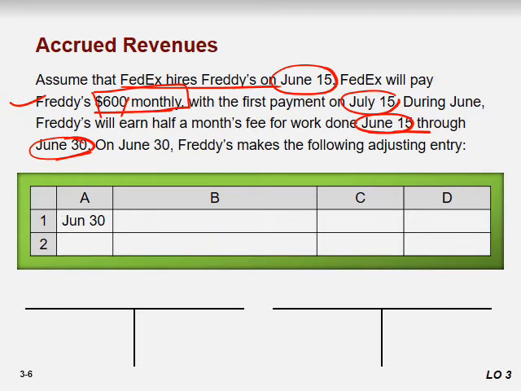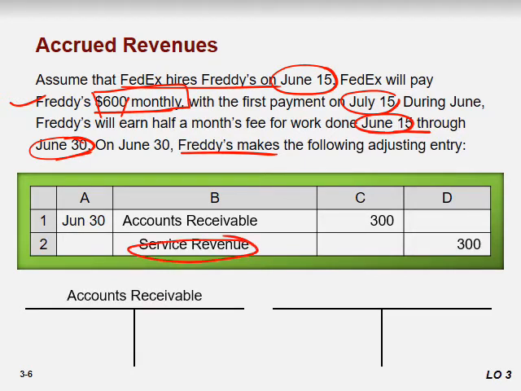So on June 30th, Friday's will make the following adjusting entry. That is, they're going to record the income, that 300, as a service revenue. Revenue is a part of retained earnings. So retained earnings is a part of owner's equity. Owner's equity increases, which means credit.